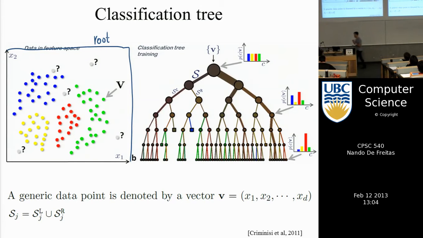And because the numbers of each color are the same, the root node here happens to have a histogram that has the same height for the 4 colors. Okay, that's because there's the same number. Those heights are just relative counts of how many green points there are divided by the total number of points. The points that have a color are the training data. The points that don't have a color, or in this case they are gray, these are test data.